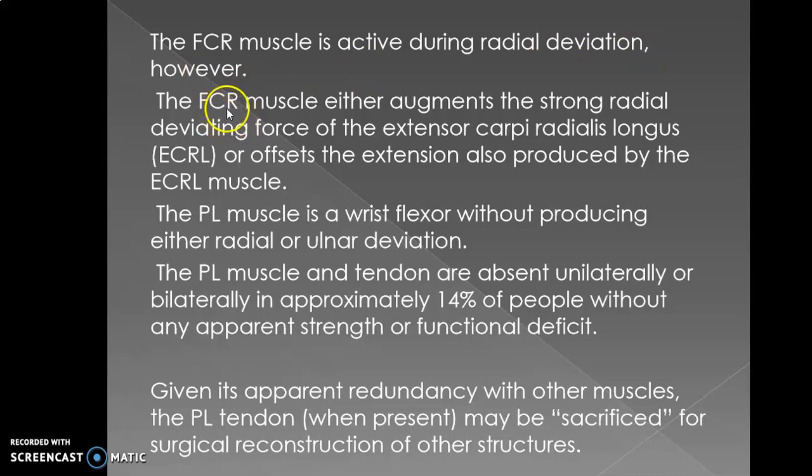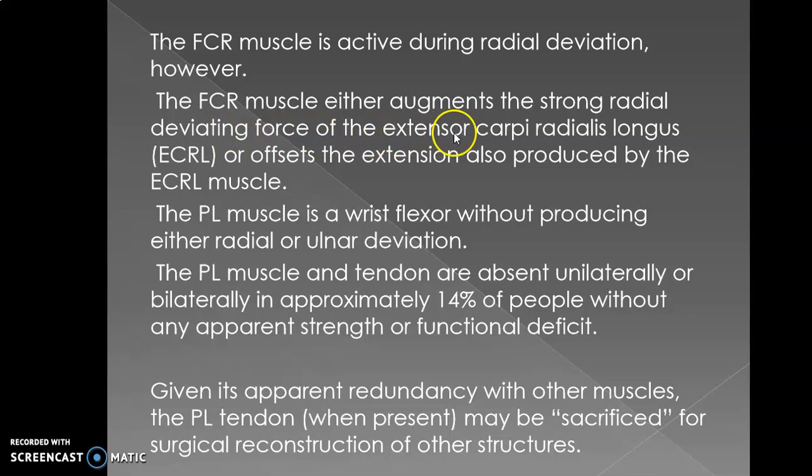However, the flexor carpi radialis muscle either augments the strong radial deviating force of the extensor. Usually, this muscle is a flexor muscle of the wrist. Because it is on the radial side, it can act as a radial deviator, but not alone. For that, it also needs the extensor carpi radialis muscle.